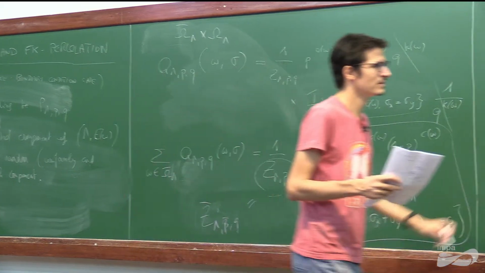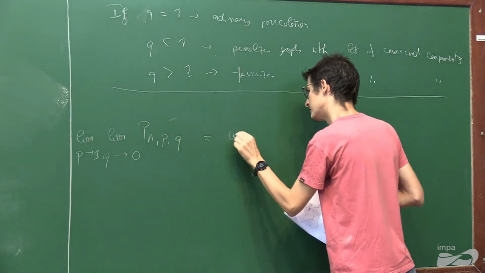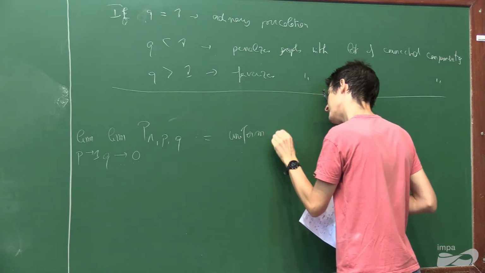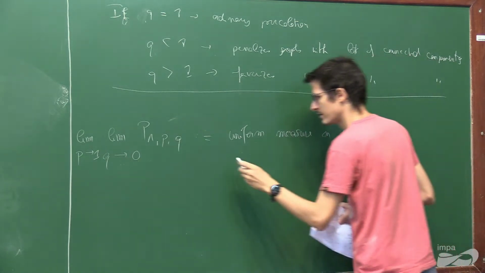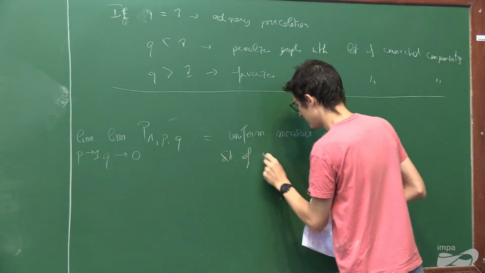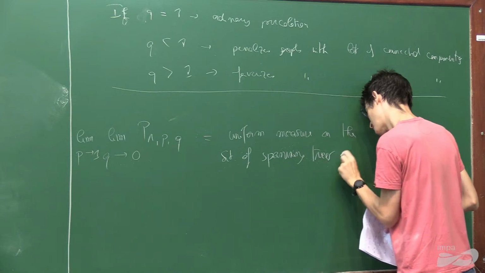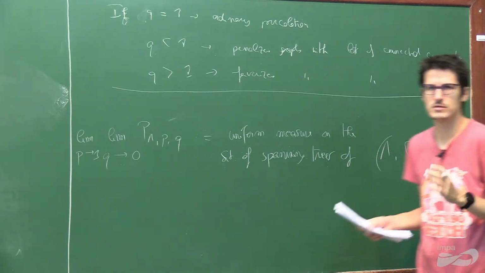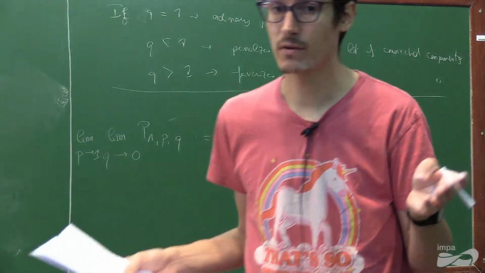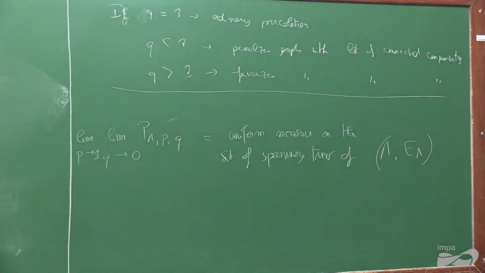So this thing here is exactly the uniform measure on the set of spanning trees of lambda, E lambda. What's a spanning tree? It's just a subgraph of a graph, obtained by taking a subset of the edges and keeping the same vertices, which is a tree.